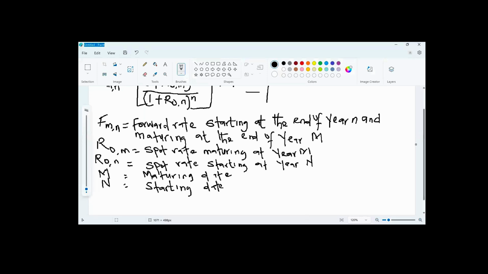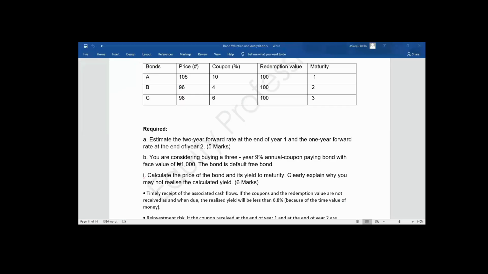Let me check, I'm not sure. Why am I having so many screens being shared?